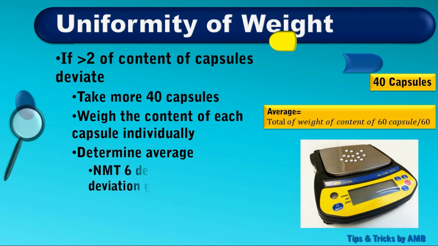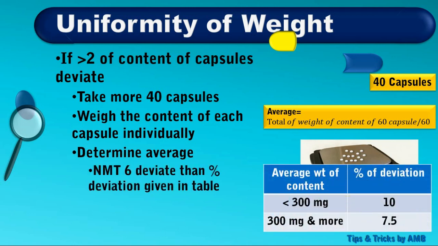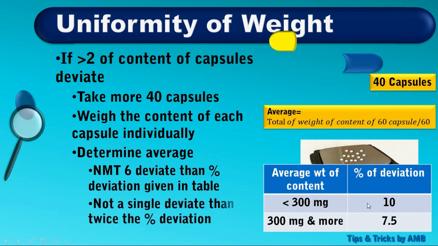Now the capsule passes the test if not more than 6 capsules deviate from the average by more than the percentage deviation given in the above table, and none of the capsules deviate by more than twice that percentage. Okay, so this is the uniformity of weight test of capsules.